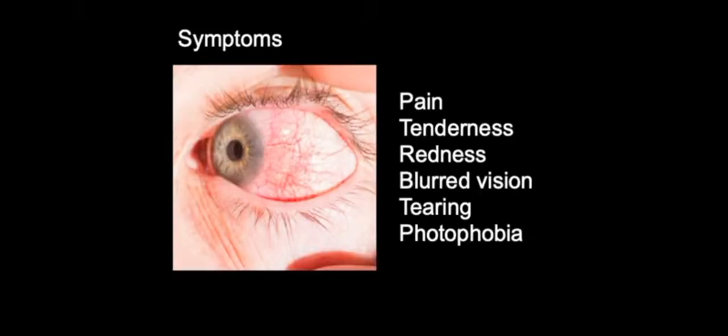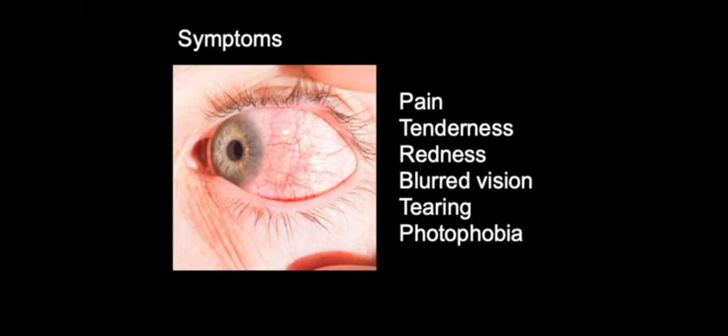So let's move on and take a look at symptoms of scleritis. Here you can obviously see this redness of the sclera, and I've included this because it's quite a useful photo. So symptoms I've listed down here. First one that we're going to talk about is pain. So when you ask the patient to move their eye, they might experience significant pain.